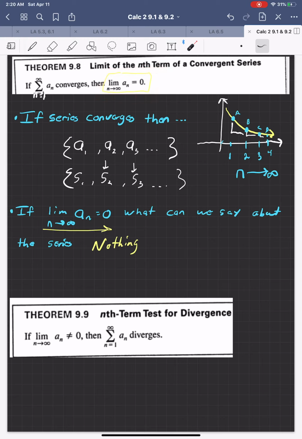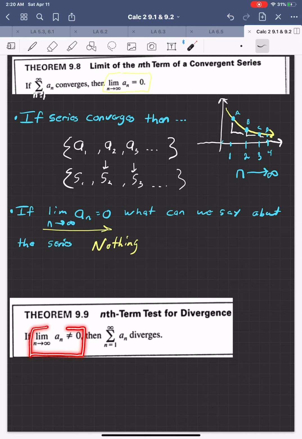That is the idea. Now, the more useful theorem is going to be this nth term test for divergence, because think about it. A lot of times you're not going to know that it converges from the beginning, right? You're not going to know that. So notice that this next theorem makes a statement about if.